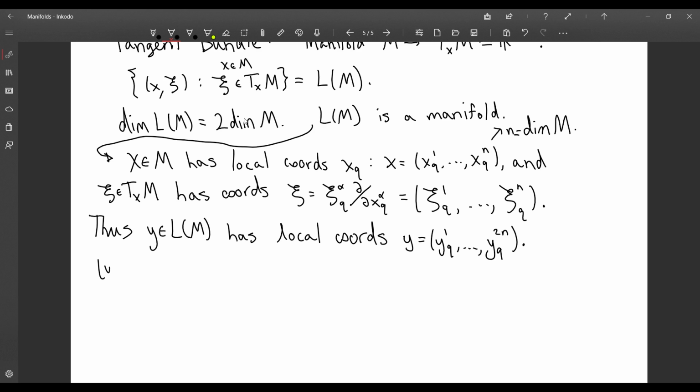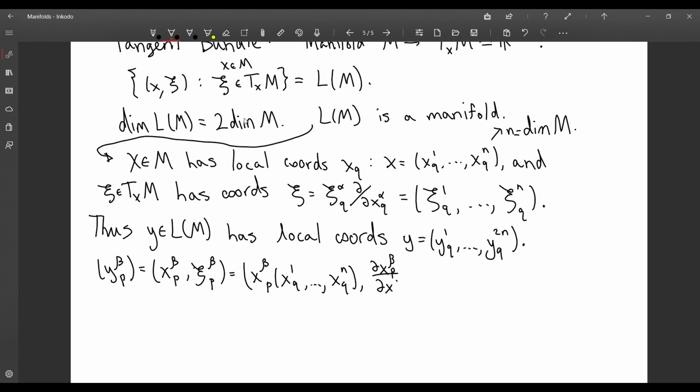So if we write that explicitly, it's going to look like this, and then we get the derivatives here, p dx alpha q.